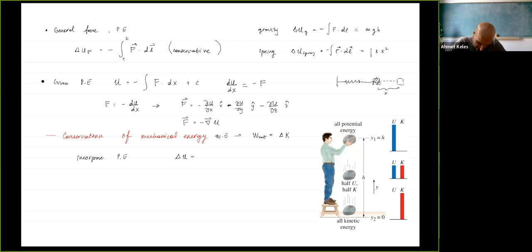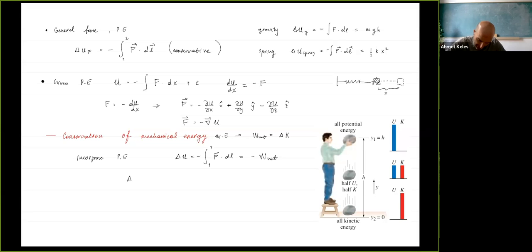Delta U is going to be minus the integral from 1 to 2 of F dot dl, and this is equal to minus the net external work done.